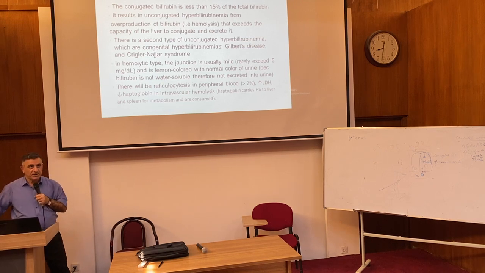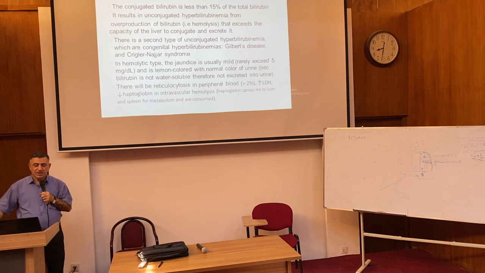Clinically it is not very significant. Usually the jaundice in hemolytic is mild, and rarely it exceeds 5 milligram per deciliter.